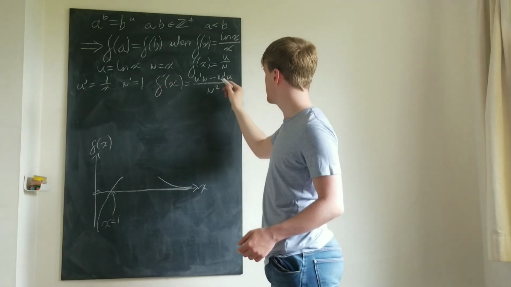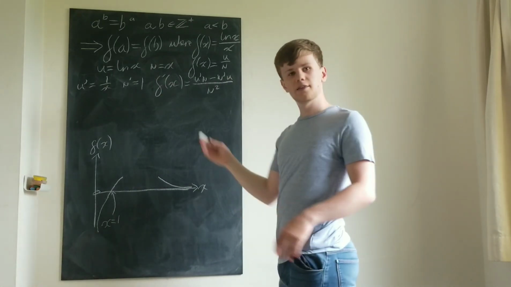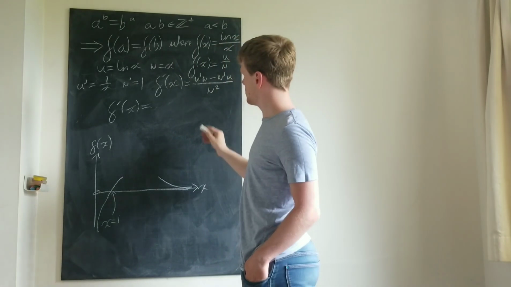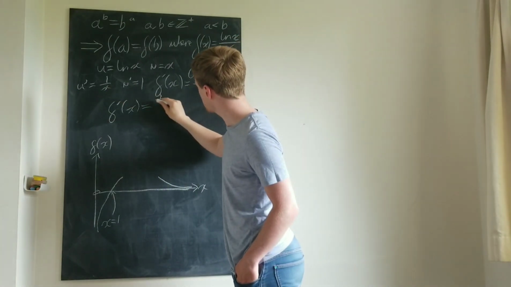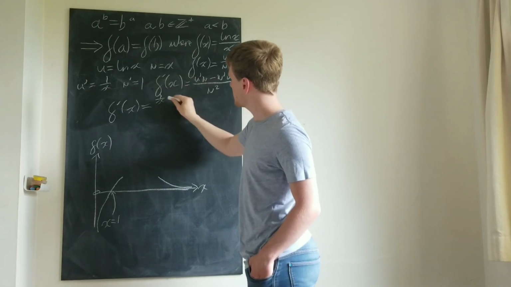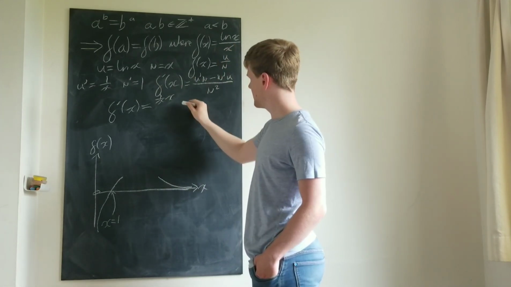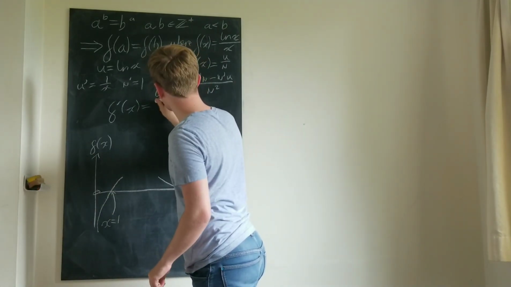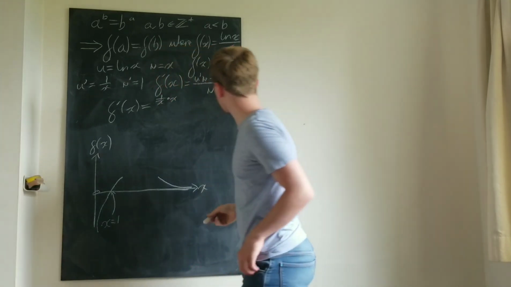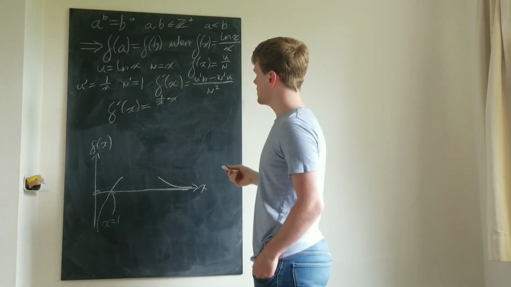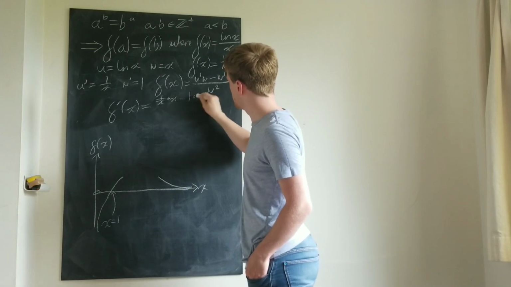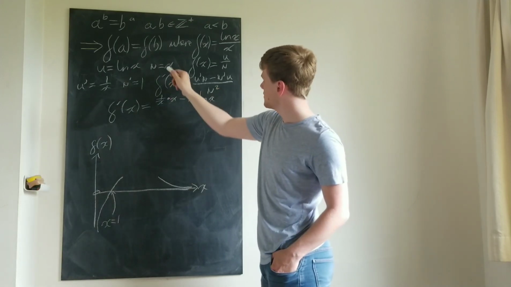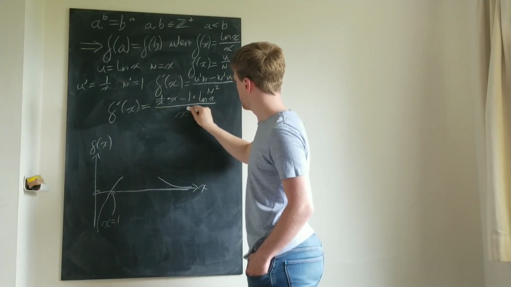Now we just substitute u dash, v, v dash and u into this, and we get that f dash of x is equal to, so u dash equals 1 over x, v is equal to x, and then 1 over x times x, and then v dash is equal to 1, so minus 1 times u, and u is ln x, divided by v squared, and v is x, so this is divided by x squared.